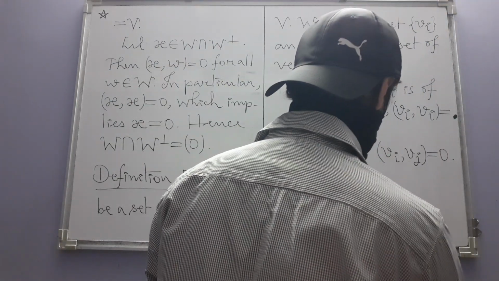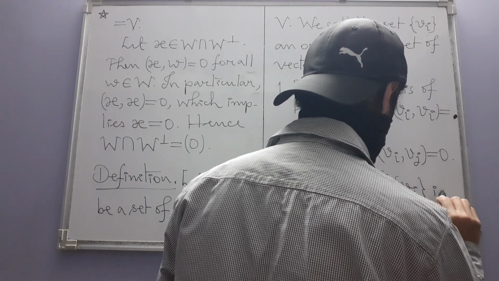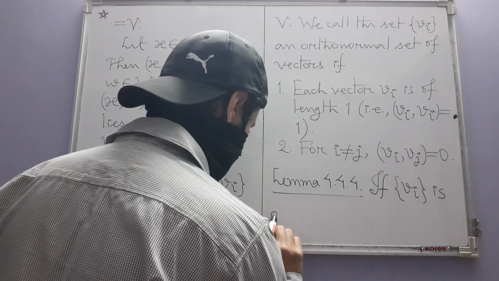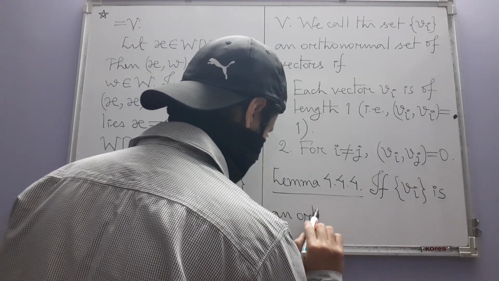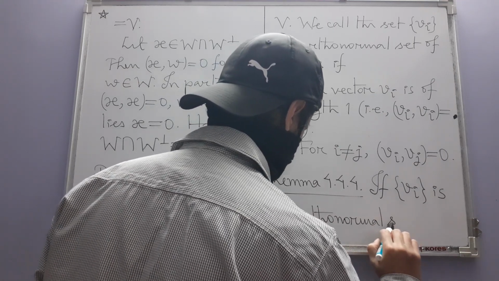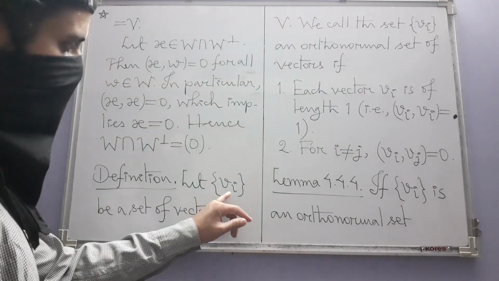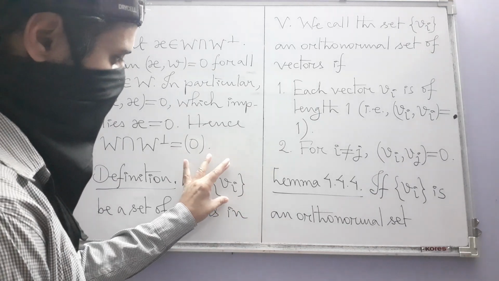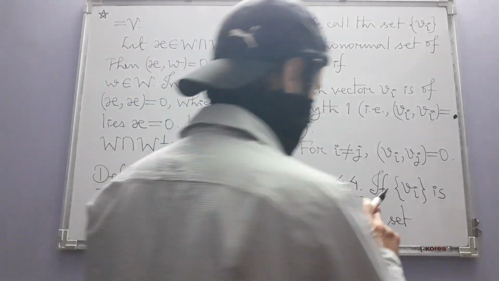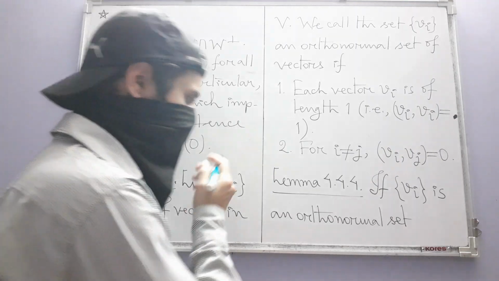If Vi is an orthonormal set, if this looks somewhat strange to you, you can just simply take a set of vectors W here, because these conditions would still remain meaningful.